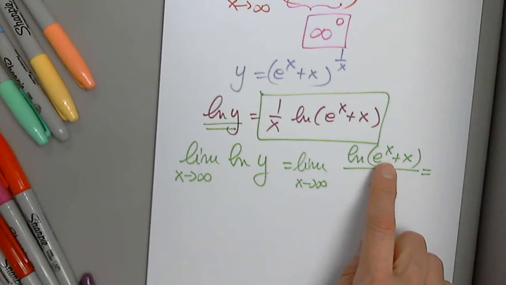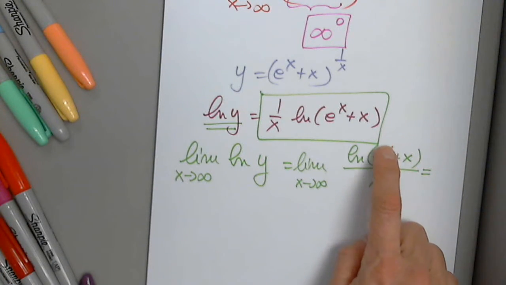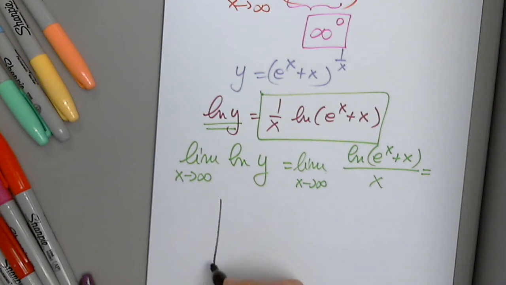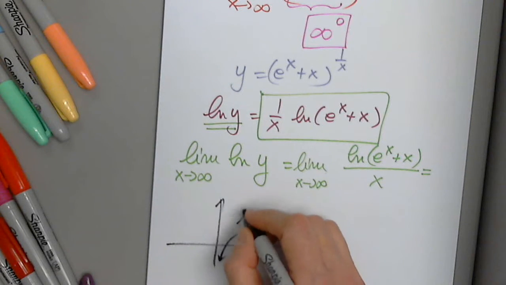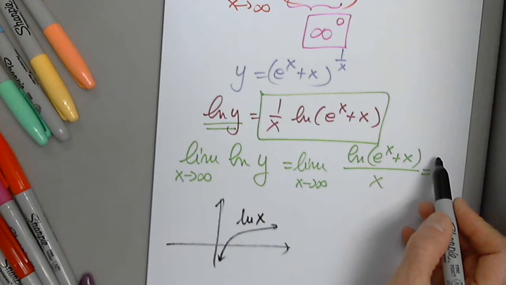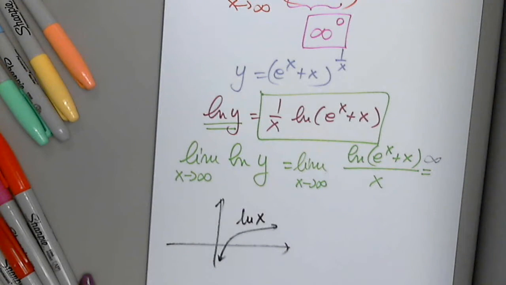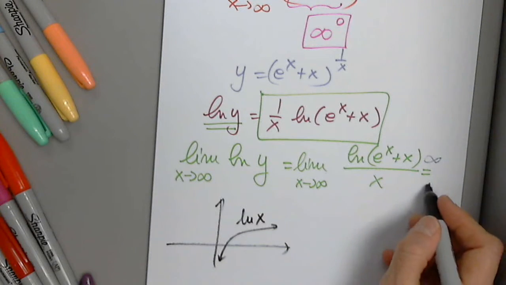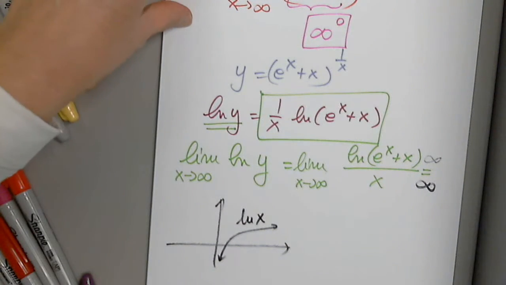So infinity. Inside the infinity, natural log, remember the graph? We graphed it several times. I forgot to graph it more often. That's the graph of natural log. So then the top goes to? Excellent. And the bottom goes to? Nice.